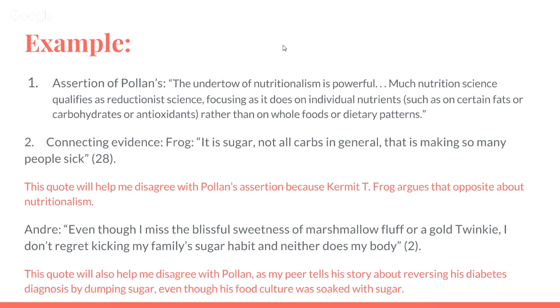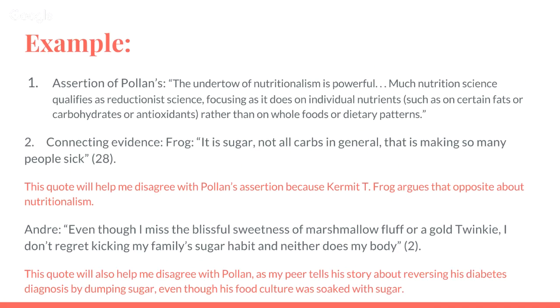So this is the assertion of Pollan's that I think I can connect across two sources. "The undertow of nutritionism is powerful. Much nutrition science qualifies as reductionist science, focusing as it does on individual nutrients rather than on whole foods or dietary patterns."